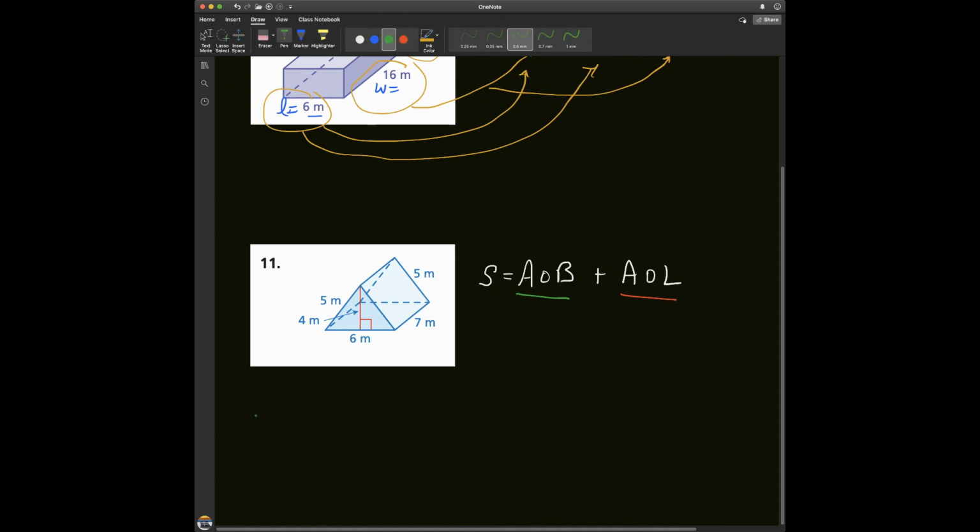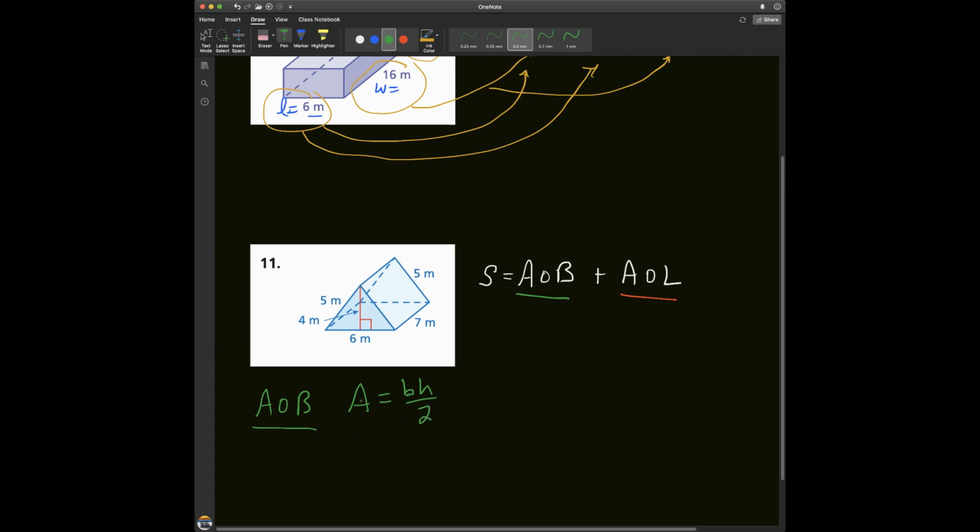For the area of the bases, I see here that I have a triangular prism. So you have to find the area of the triangular bases. The formula for the area of a triangle is base times height divided by 2.